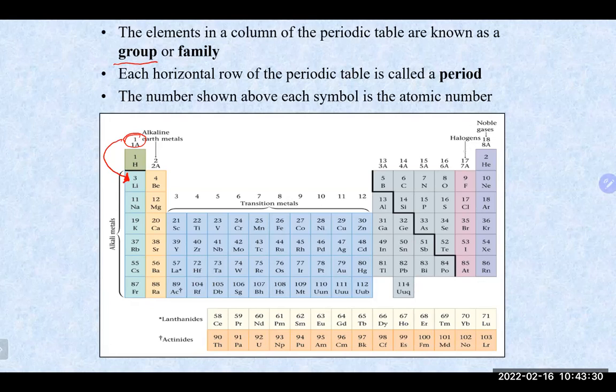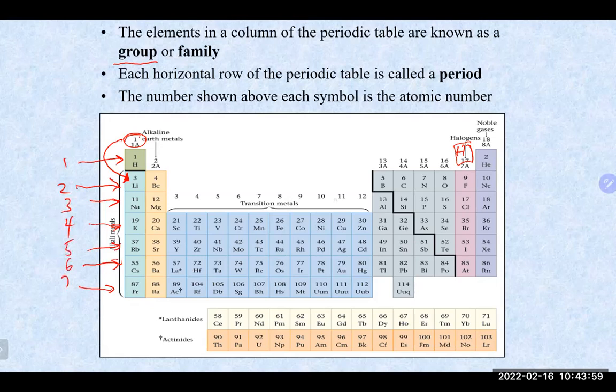And years ago, you used to see hydrogen placed over on this side as well, sometimes on both sides. A period goes from left to right. So this would be period 1, period 2 going this way, period 3, period 4, period 5, period 6, and period 7. So those are periods that go left to right on the periodic table.